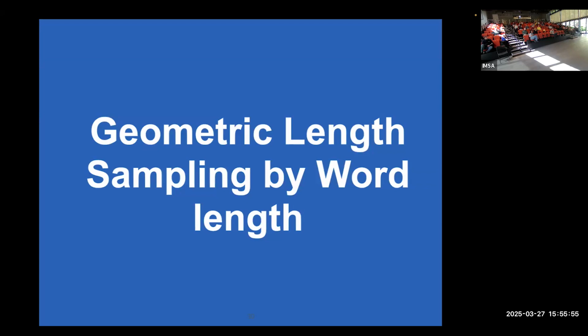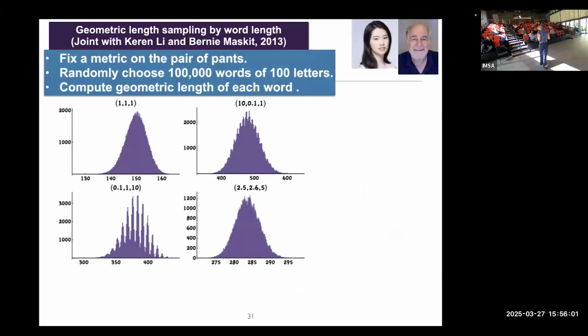And since I have all the machinery to work, I did the same computation, but now instead of word length, we look at the hyperbolic length metric. This is some work I did a long time ago with an undergraduate and an emeritus professor. It was a very, very big age gap.